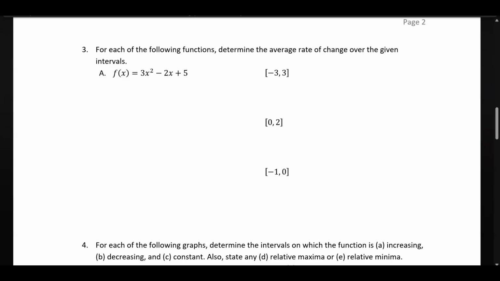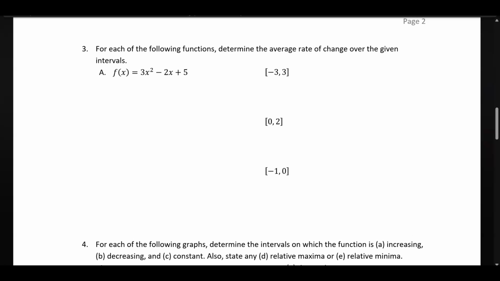Let's take a look at some of these now that we're going to calculate the rate of change given functions at specific intervals. So same thing, first we need to figure out, well, remember these are at both x values because this is an interval. I'm going from negative 3 to 3. So I first need to figure out, okay, well, what is f of negative 3? So I'm going to plug that into the calculator.